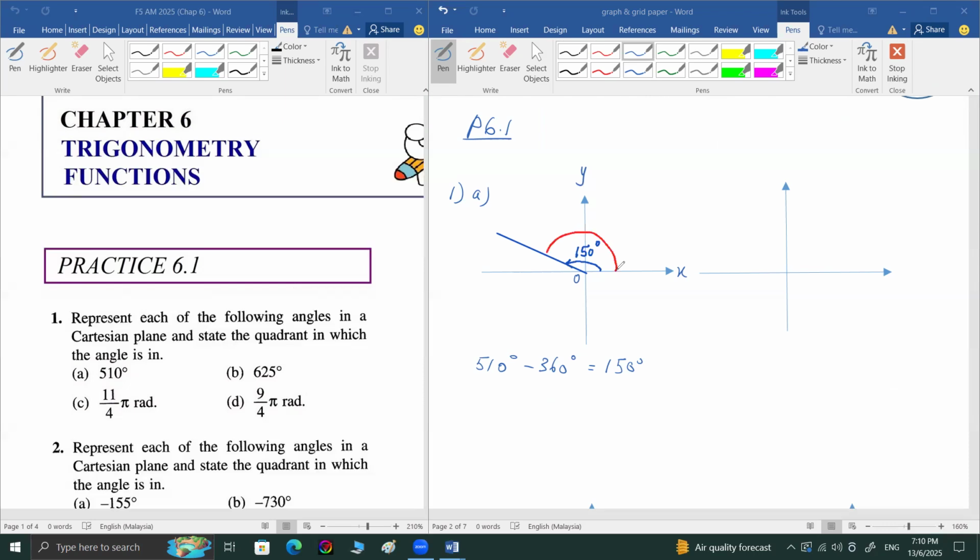Anti-clockwise, one round already, then come to 150, you show here. So this is what I get, 510. So okay, already represent 510. Then after that, you're asked to state the quadrant. So quadrant means second quadrant. So your answer, you tell that second quadrant.